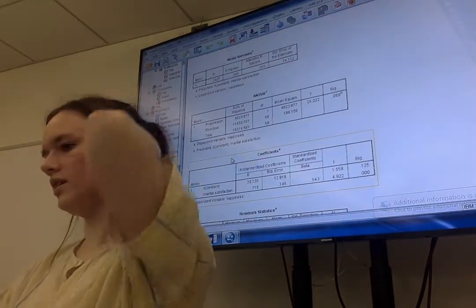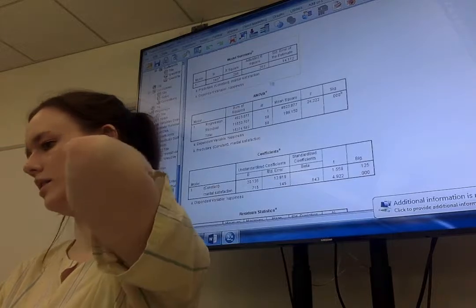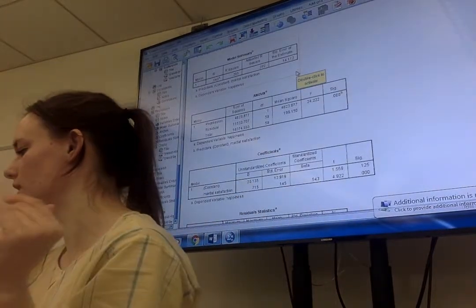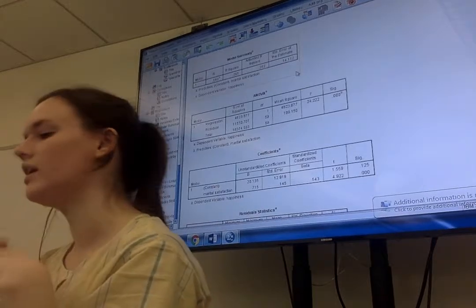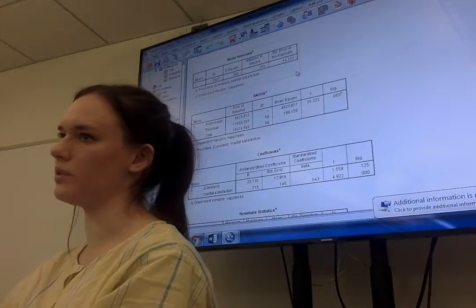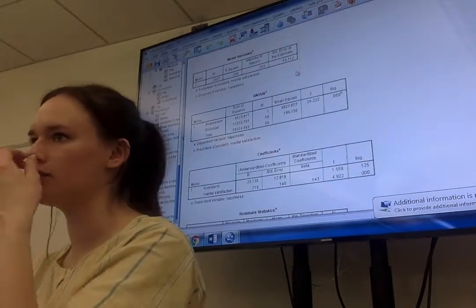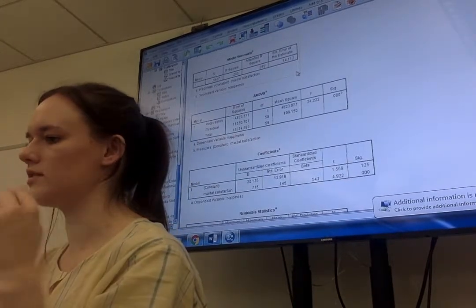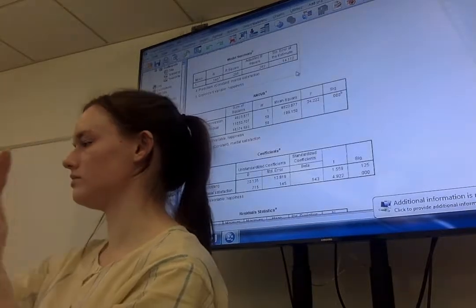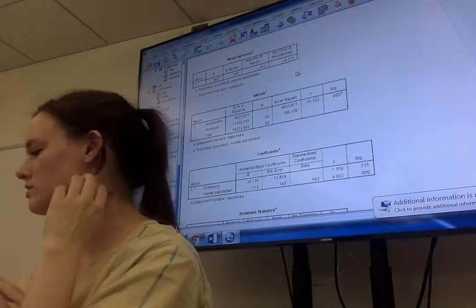And then looking at the R squared and adjusted R squared, R squared is telling us the percent of variance shared in the sample, whereas the adjusted R squared is looking towards the population. So that's why there's a little bit of a correction on it, because the R squared is just within our sample, what's going on with us.